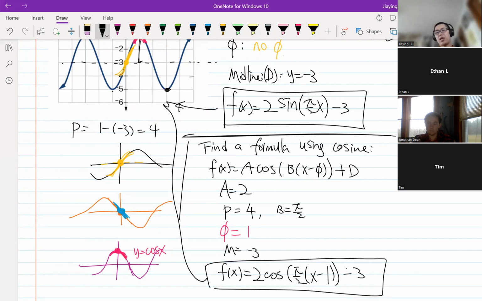So here you probably think, okay, how many functions can we write? In fact, there are infinitely many functions. It just depends on which part we want to consider being shifted from the original sine or cosine function. But if you just find the easiest one, then it's fine.